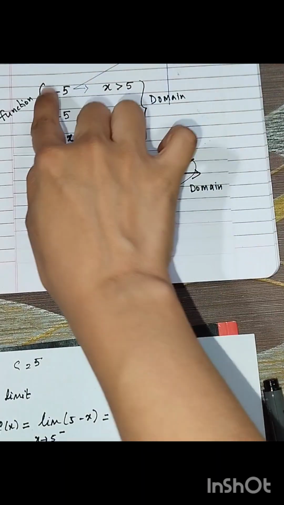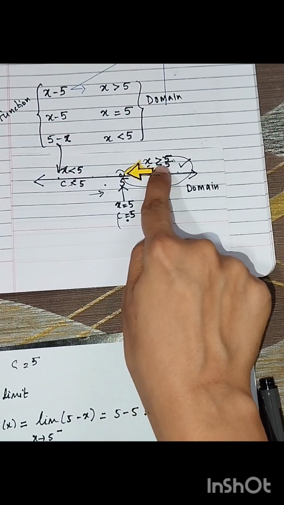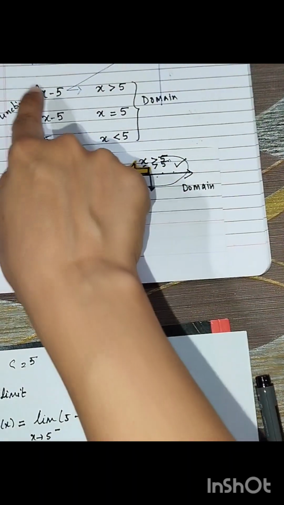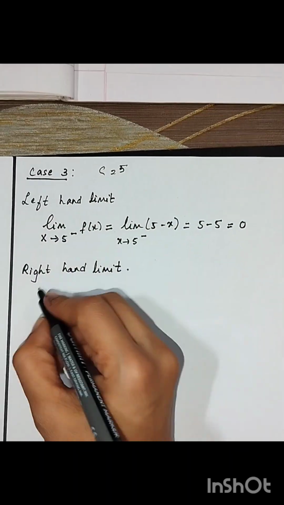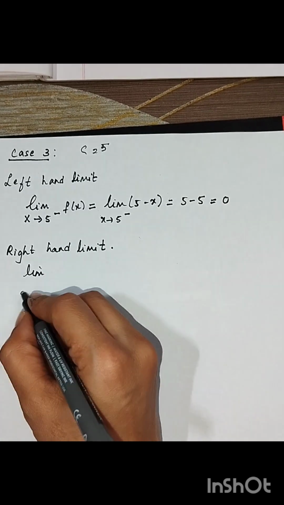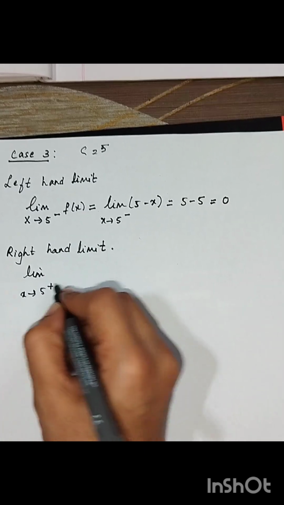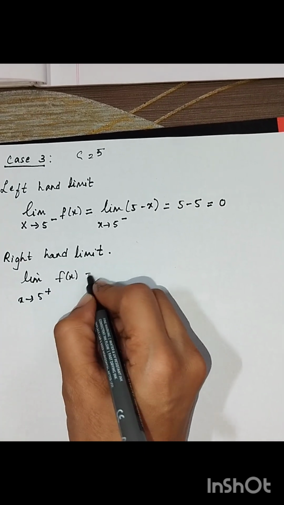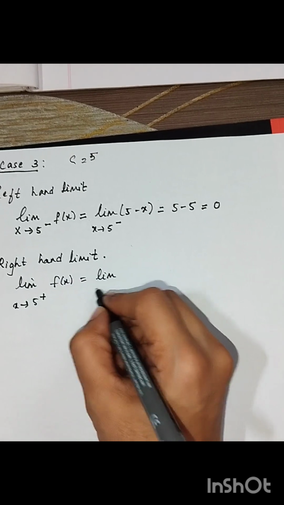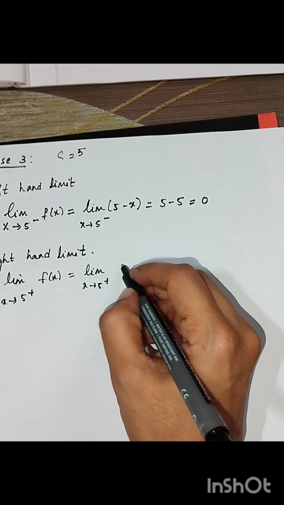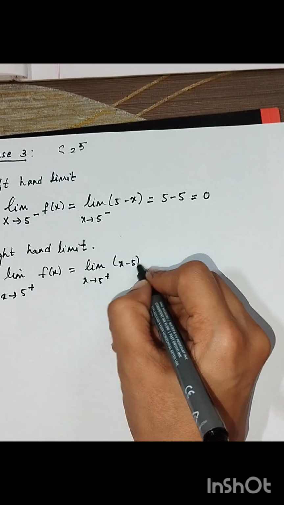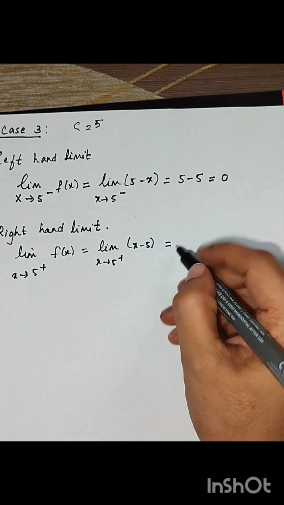The function defined is x minus 5. So we write the limit as x approaches 5 plus of f of x, which is the limit of x minus 5.